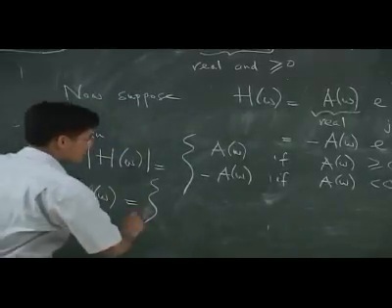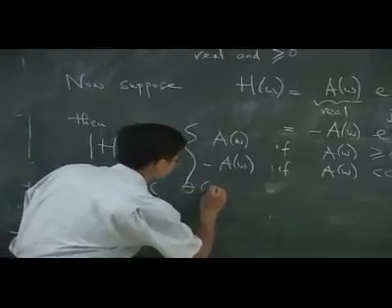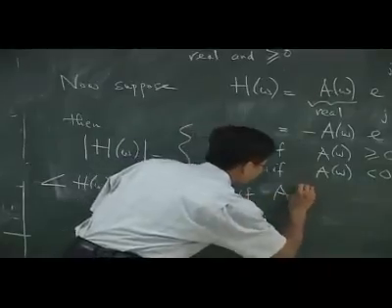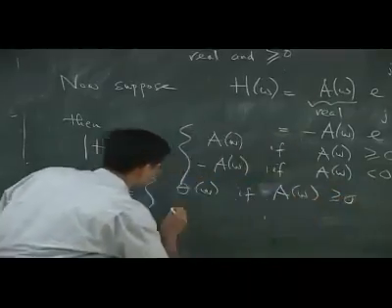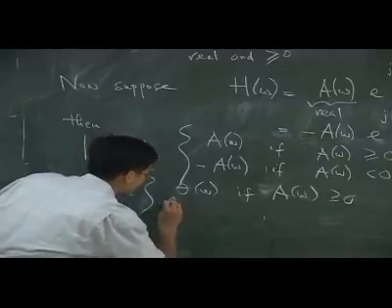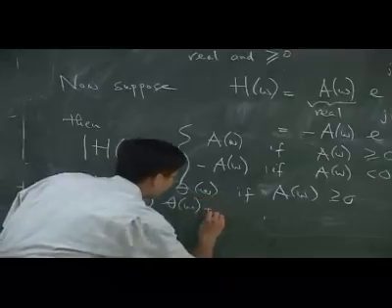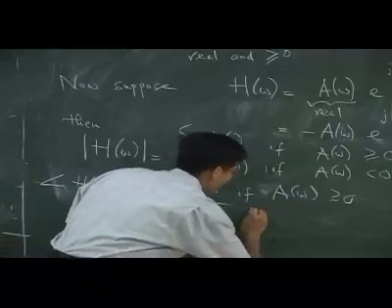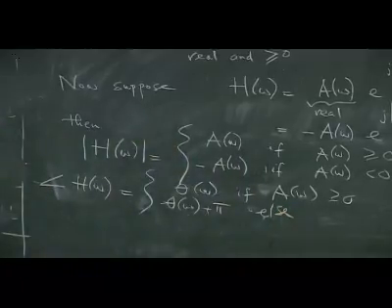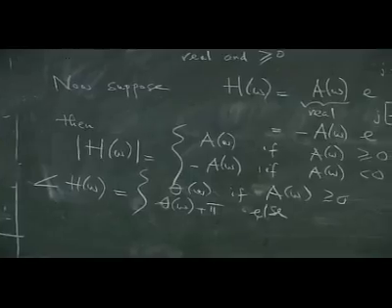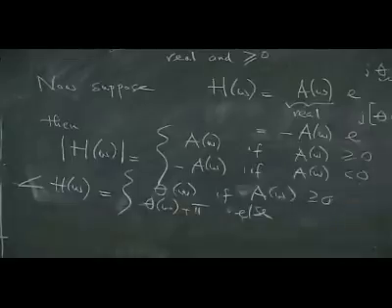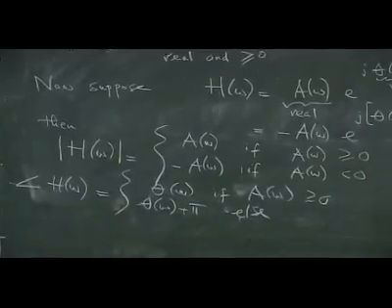In that case, this phase equals theta of omega if A of omega is greater than or equal to 0, but this thing here is minus, no, this is theta of omega plus pi, else. Alright, so that's pretty clear now.